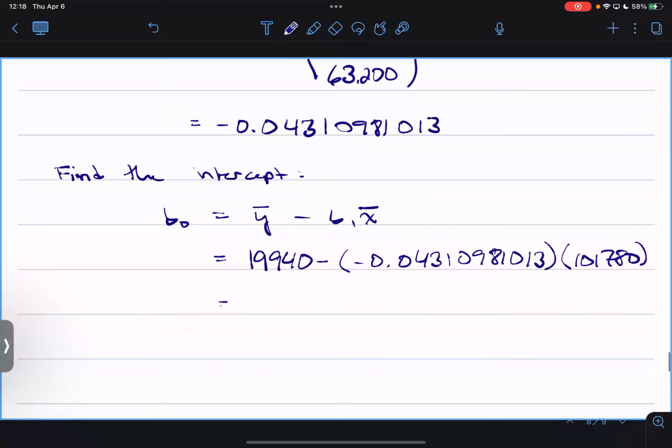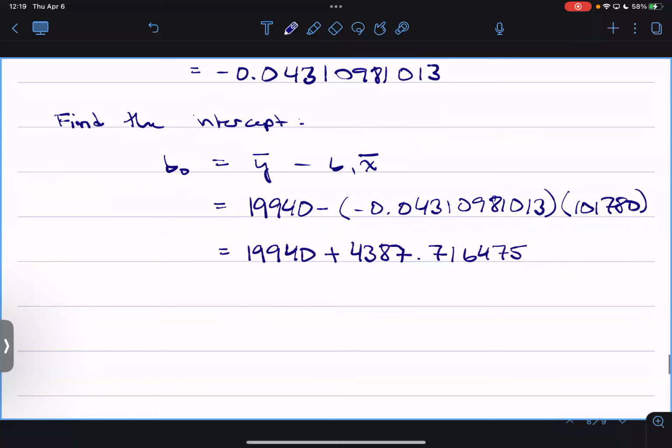And I've got it here pre-baked. I am going to be really careful here with my negatives, and I'm going to put in this step for anyone who's not terribly comfortable with math. 0.716475, which puts me at 24327.71647.